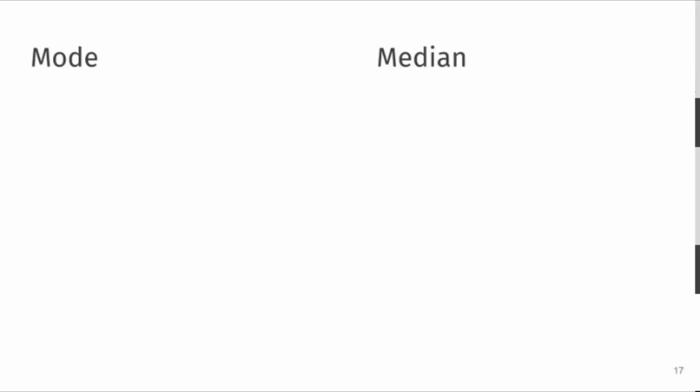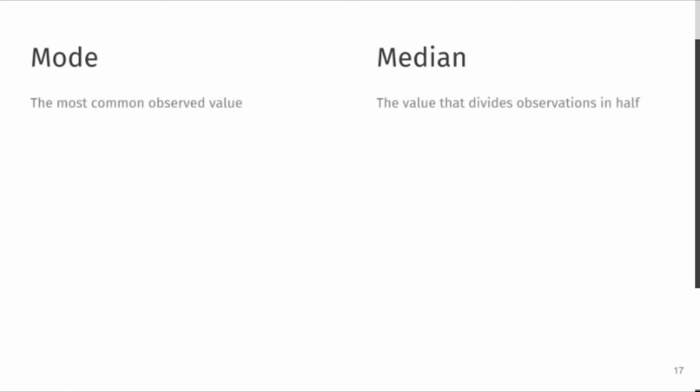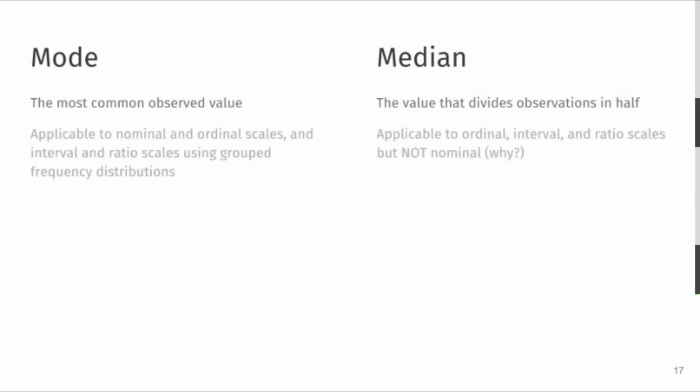Now we can take what we've seen about the mode and the median and directly compare the two. So first, at the level of the definition of each term, the mode is once again the most common observed value, whereas the median is the value that divides our observations into two equal halves. It splits the data set in half.